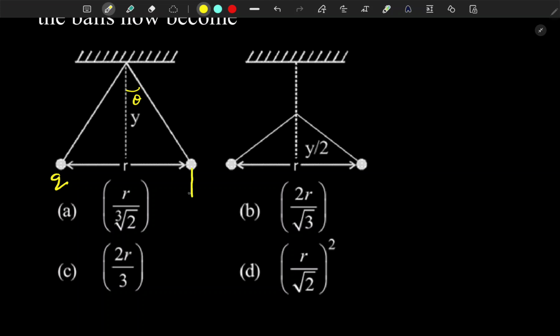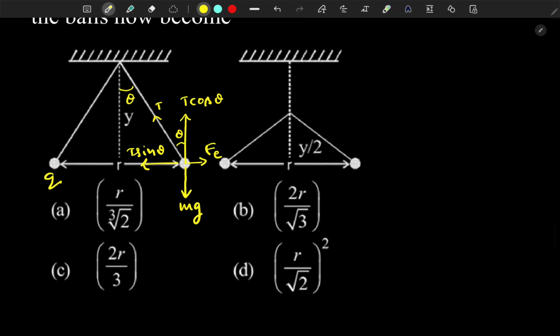So there will be a force acting here, that is mg. One more force acting is tension. So along the y axis, the upward force will be T cos theta, because this also will be theta, and in this direction T sin theta. So electrostatic force of repulsion will be there, Fe.